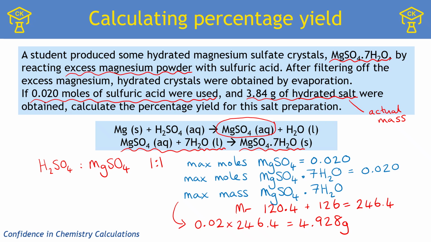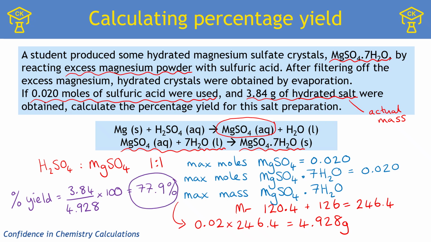So my final calculation for percentage yield is going to be actual mass, which is 3.84, over theoretical maximum 4.928, times by 100, which equals 77.9%. There's my percentage yield.